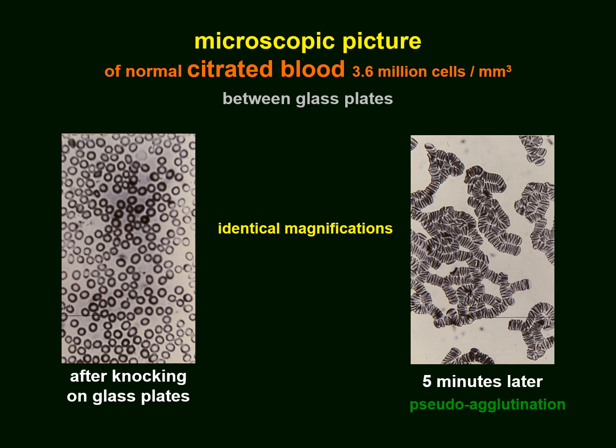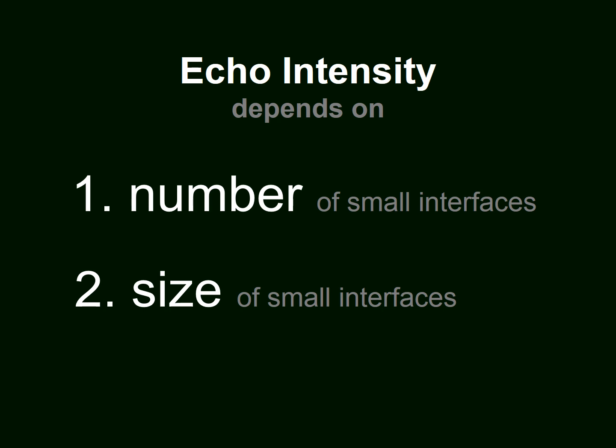It is the pseudo-agglutination that forms much larger acoustic interfaces than before. So we come to the conclusion: the size of small interfaces plays a major role for the echo intensity, the so-called reflectivity of tissues.